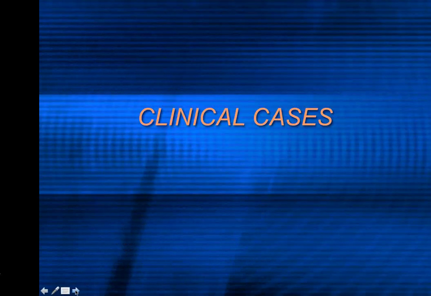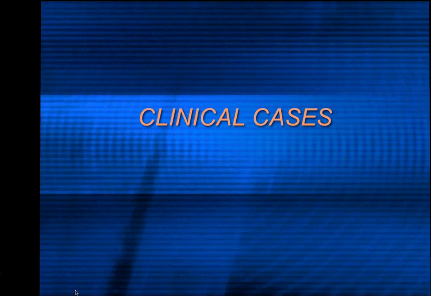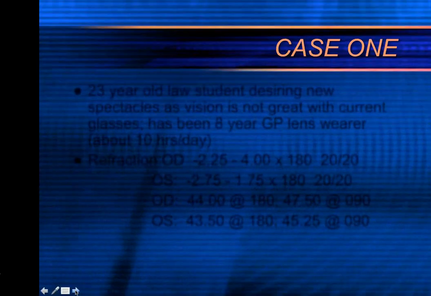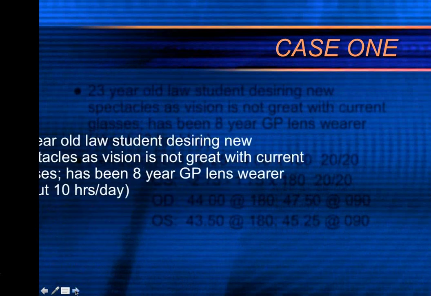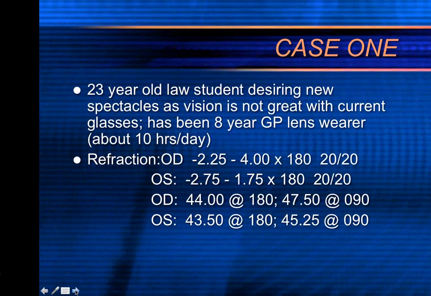Now, finish with some cases. Pretty straightforward, and these are all diagnostic fitting cases, actually. This is a 23-year-old law student desiring new spectacles, as his vision is not great with his current glasses. He's been an 8-year GP spherical lens wearer, about 10 hours a day.